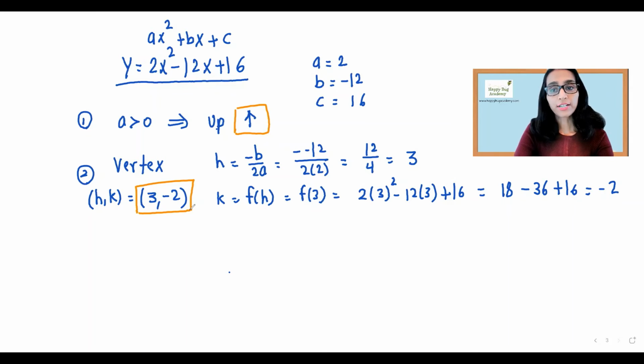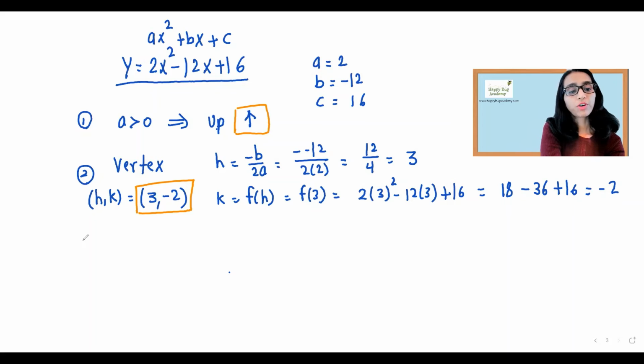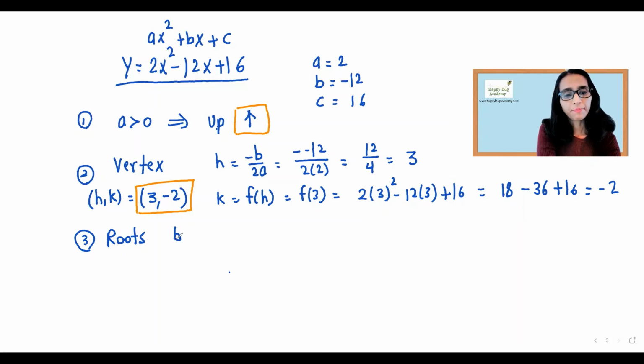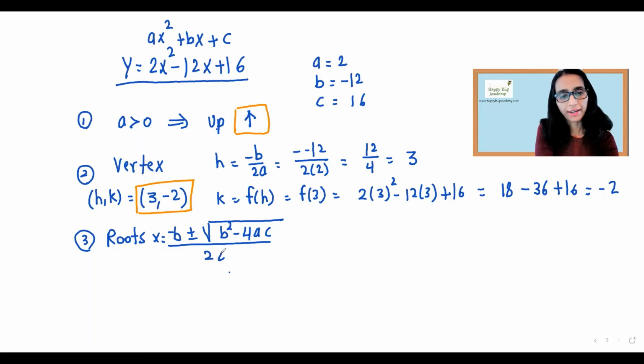Okay, now the third step, we have to find the roots of the equation. And you can use any of the methods that we have discussed so far. I'm going to use the quadratic equation formula for this example. And the formula is x equals negative b plus or minus square root of b squared minus 4ac over 2a.